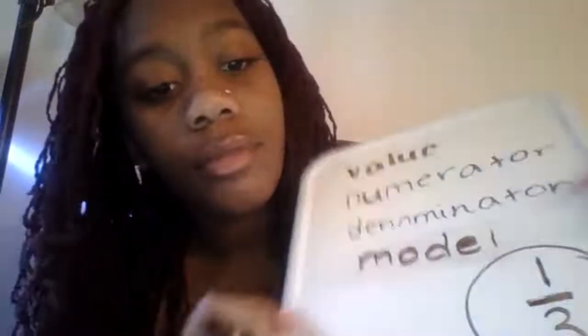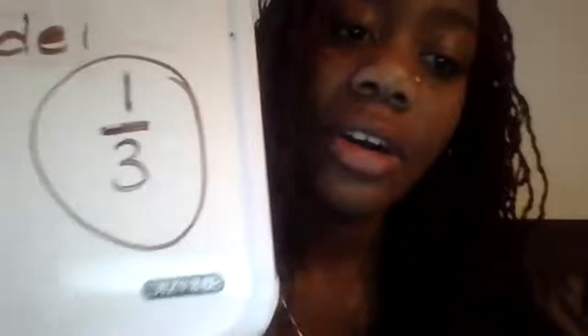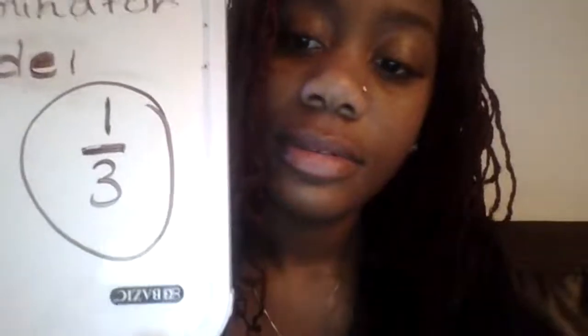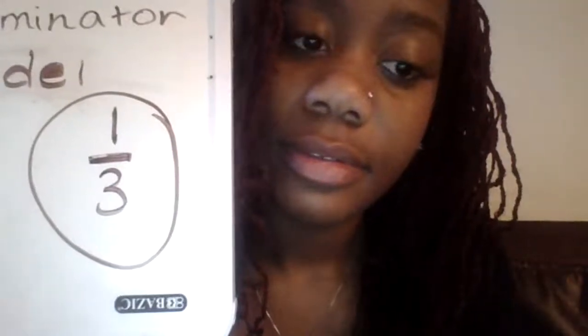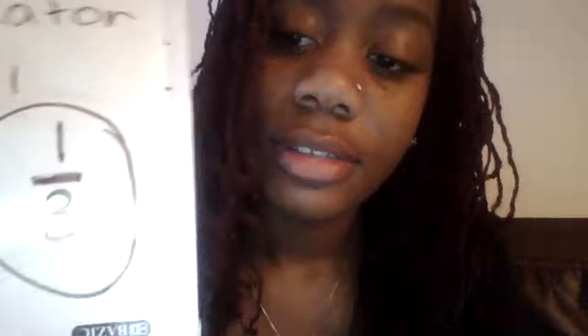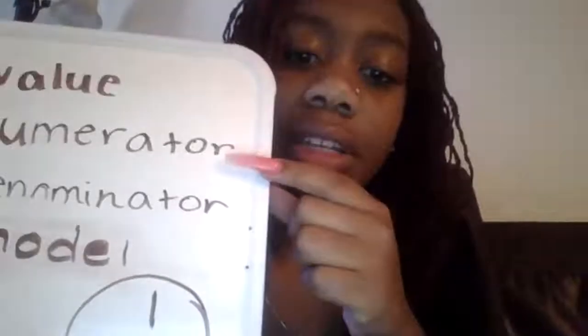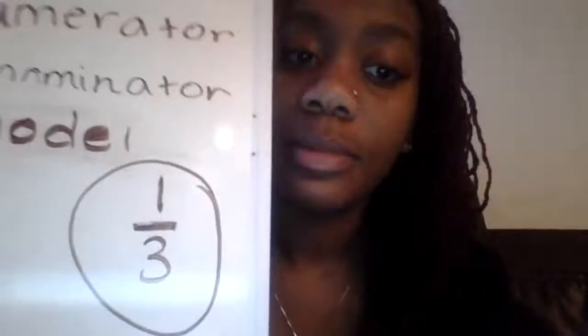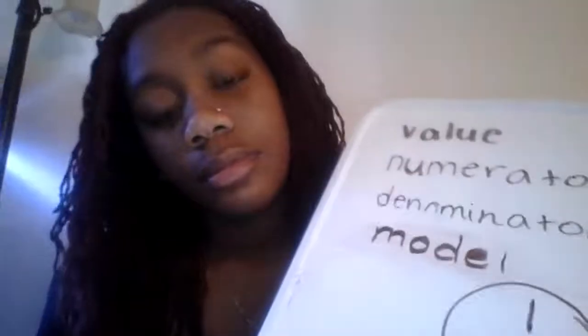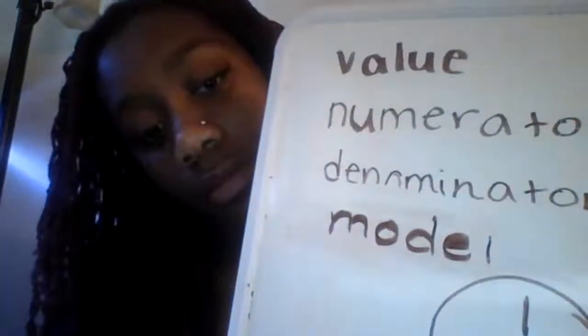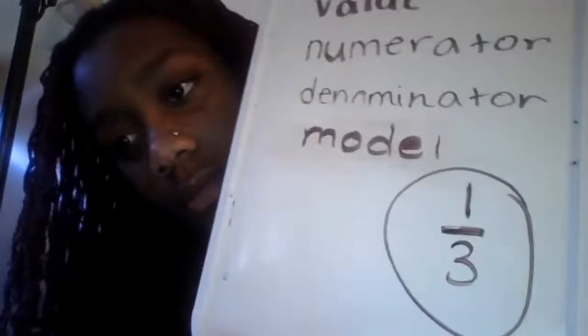One, good. One is the numerator. And the 3 on the bottom, what is that called? You've got your numerator and your denominator.